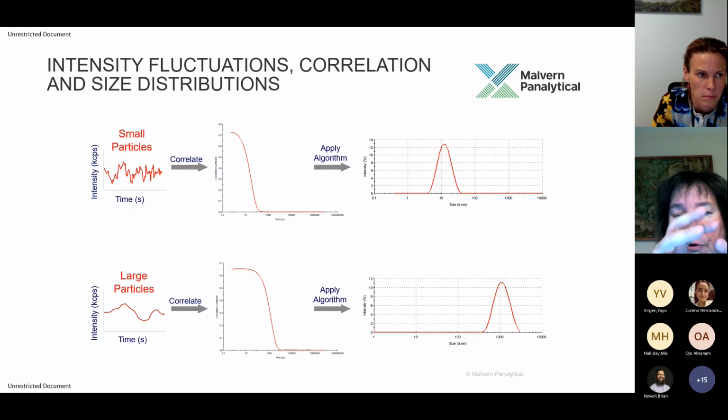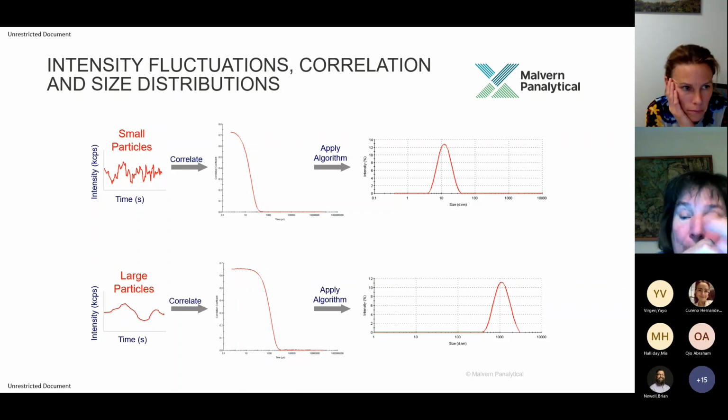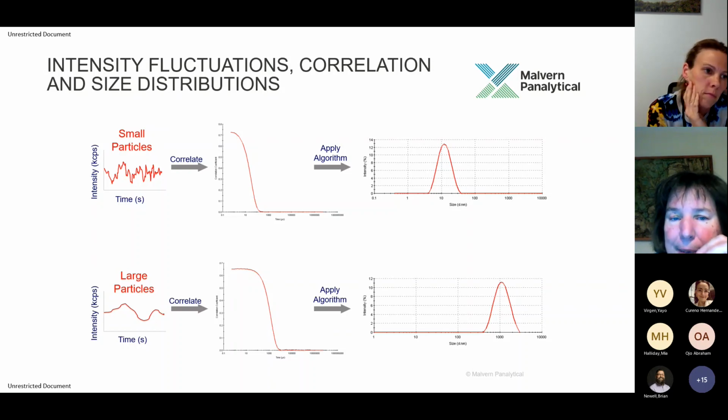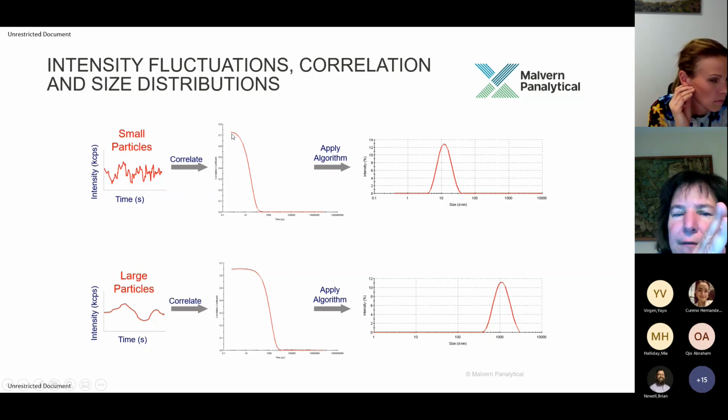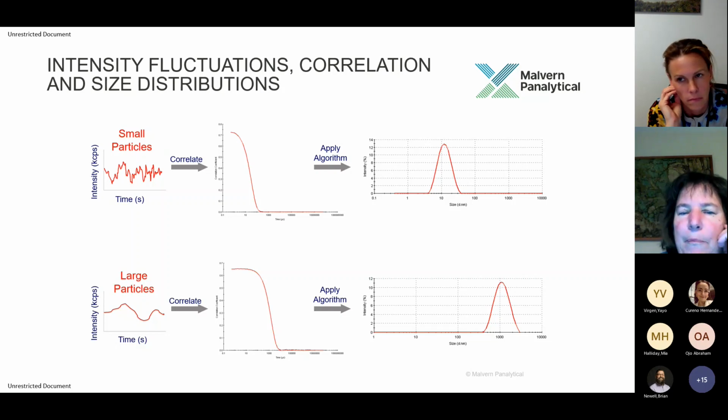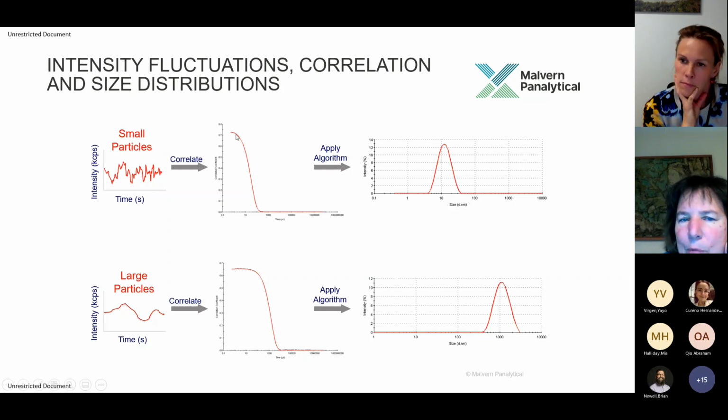If I'm taking photographic snapshots of where those particles are from the start of the experiment to the end, there's some time period where those photographs look almost identical. And then the particles move enough that the photographs don't look the same anymore.